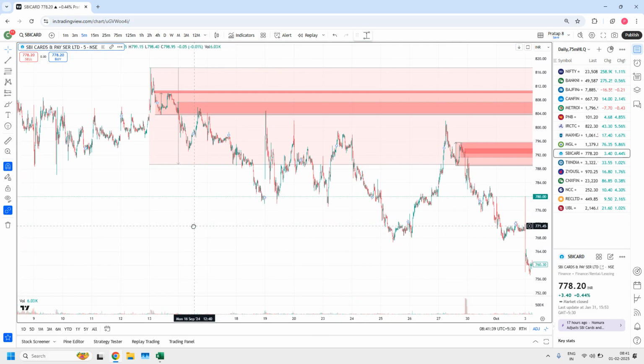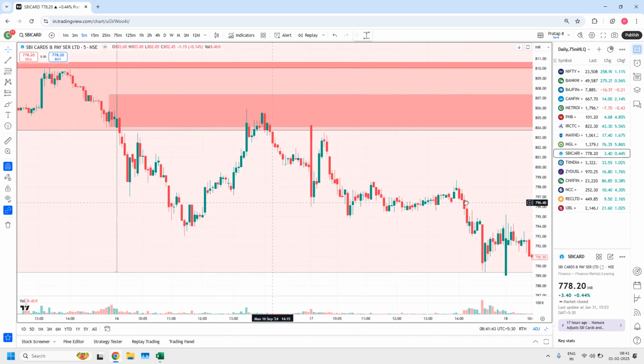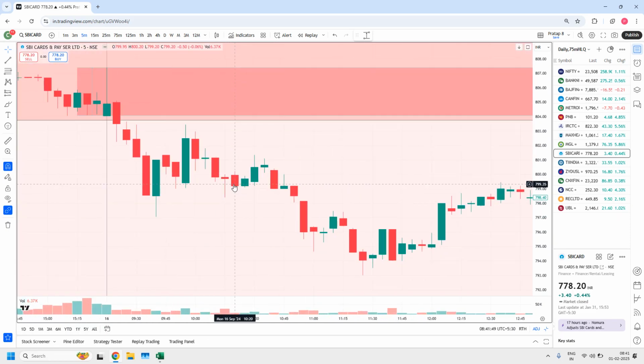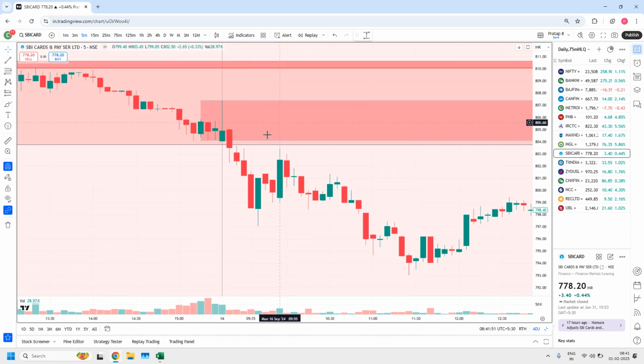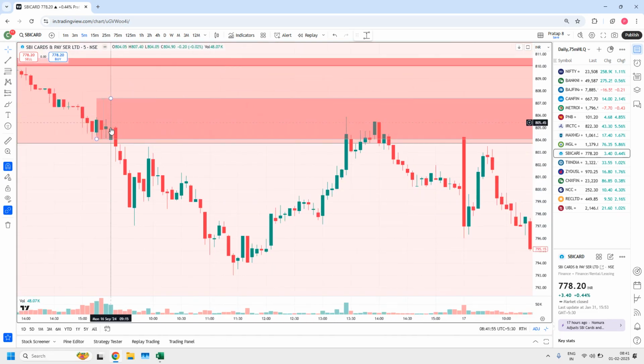And in this 15-minute zone, there is no proper structure here. Not convincing. Even if you consider this a base candle here, it is already violated by these candles.